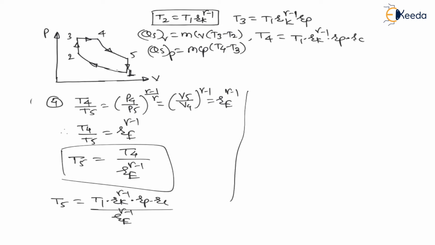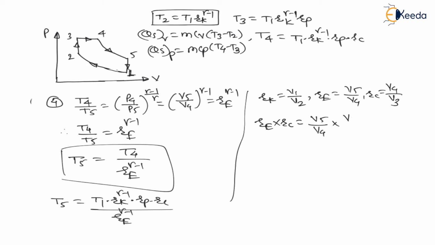And my dear students, we know that compression ratio Rk is equal to V1 divided by V2, expansion ratio Re is equal to V5 divided by V4, and cutoff ratio Rc is equal to V4 divided by V3. Now let us say here Re into Rc is equal to V5 divided by V4 into V4 divided by V3, which is nothing but V5 divided by V3.